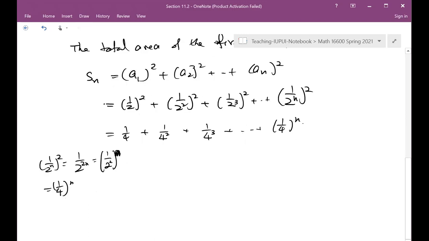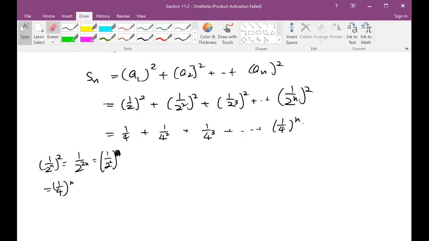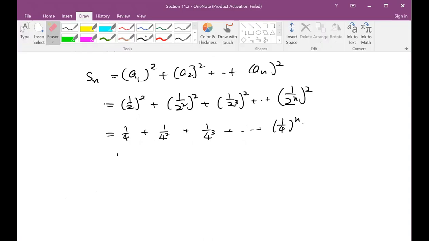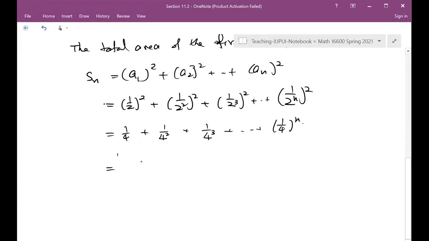All right, then we do need a formula to combine them. I'm going to talk about this formula later. Okay, with this formula you can take a quarter out, then they begin with a 1. Now this is n minus 1.